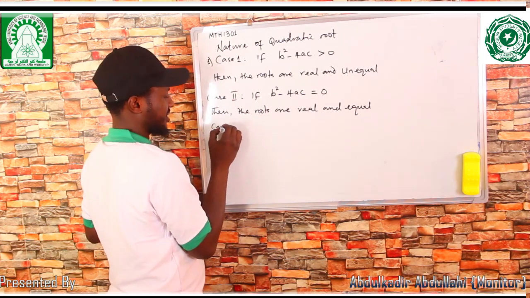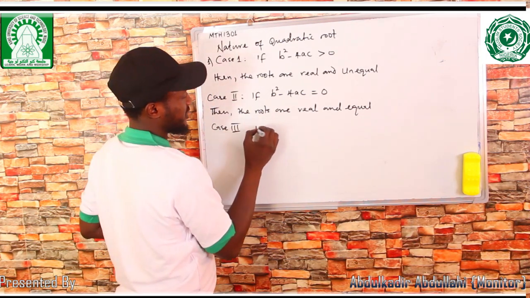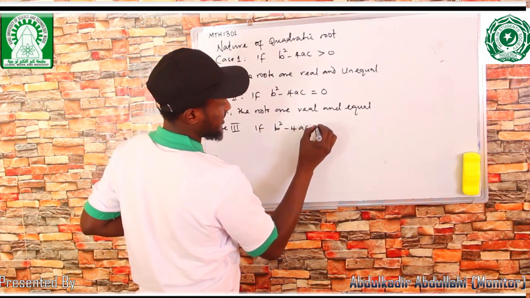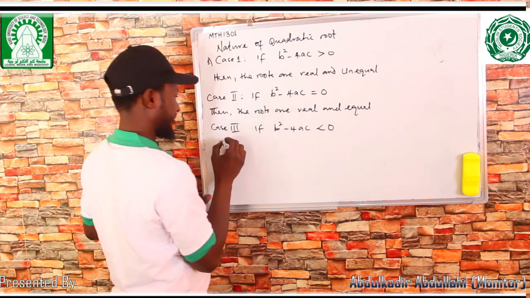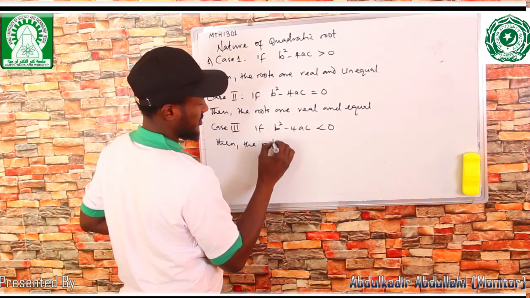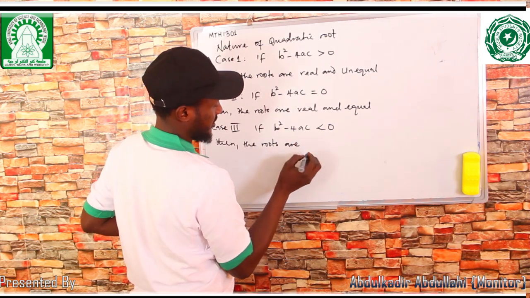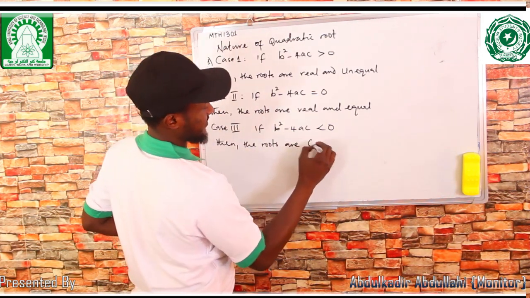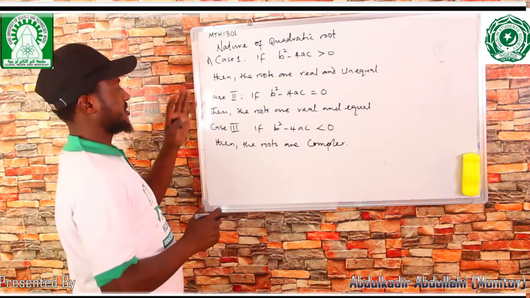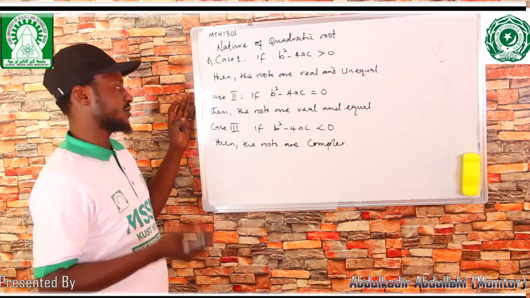The last case is case 3, which says that if b squared minus 4ac is less than 0, then the roots are complex. These cases are very, very important.